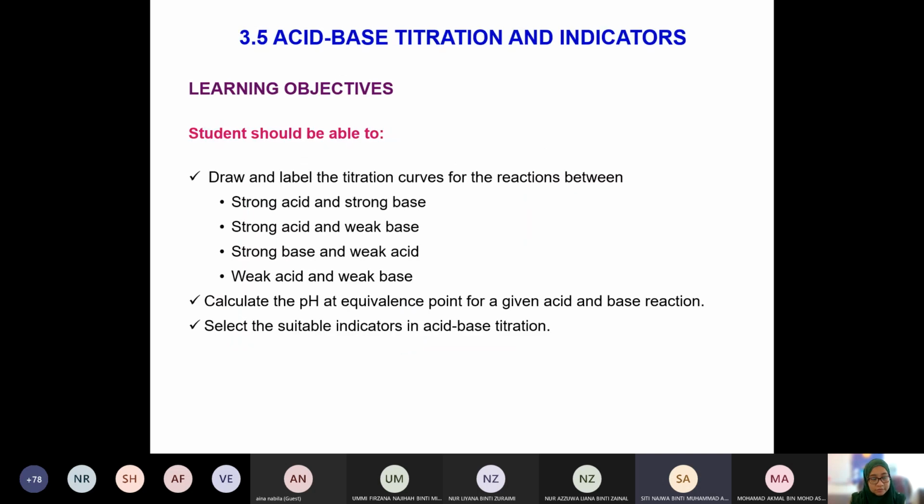Any other question before we proceed? The salt dissociation equation: it is in aqueous, so we don't need to put H2O on the arrow, right? No need. But if you want to go for the solid, there are two options.